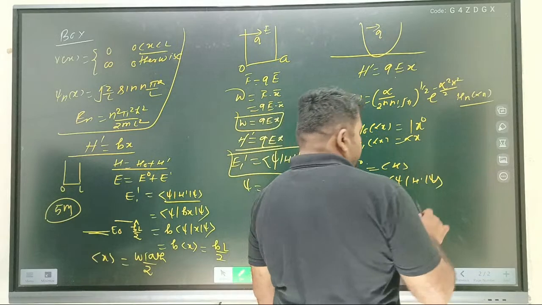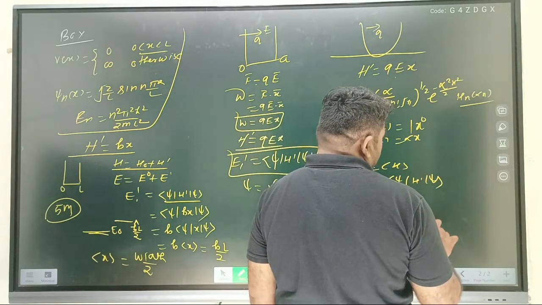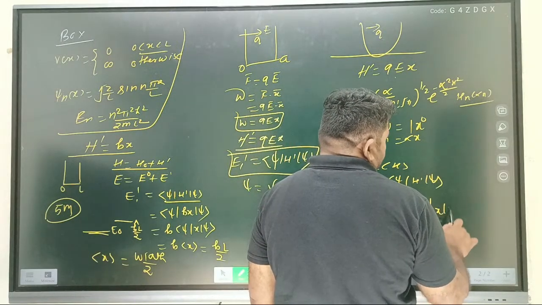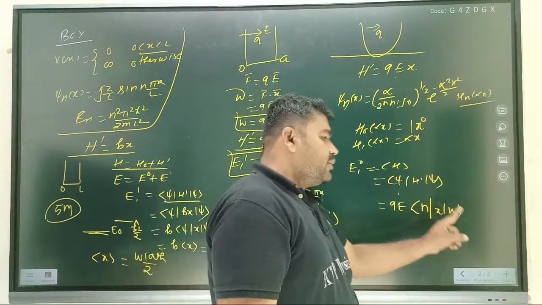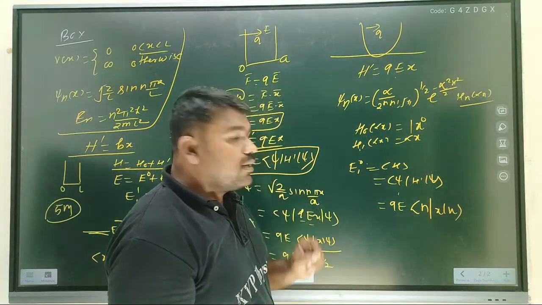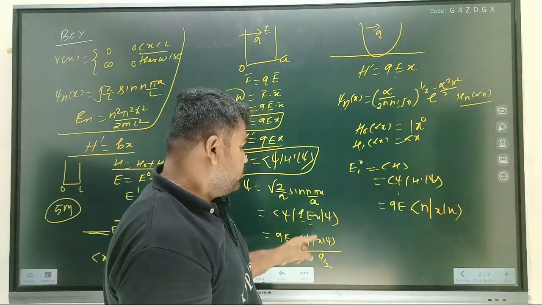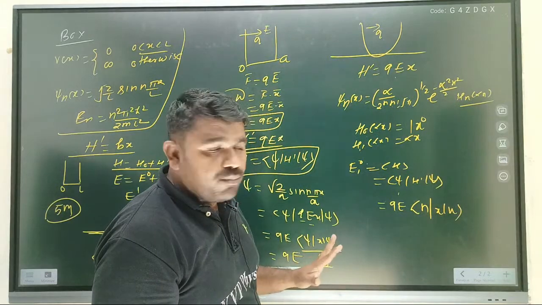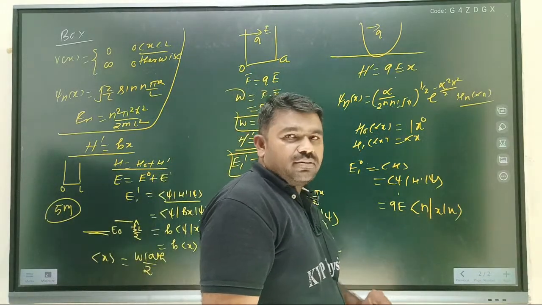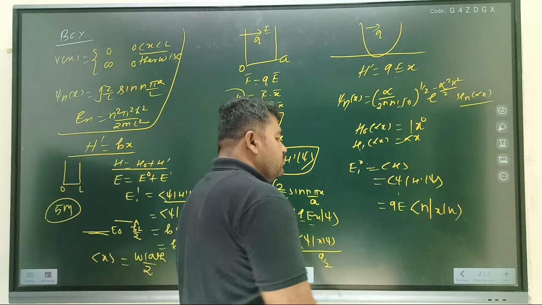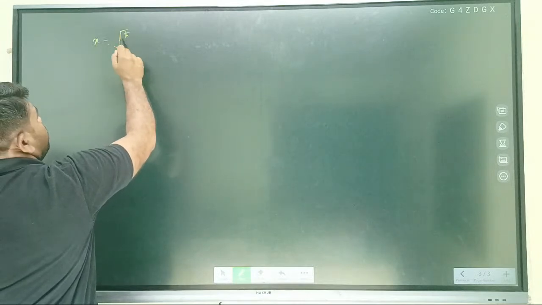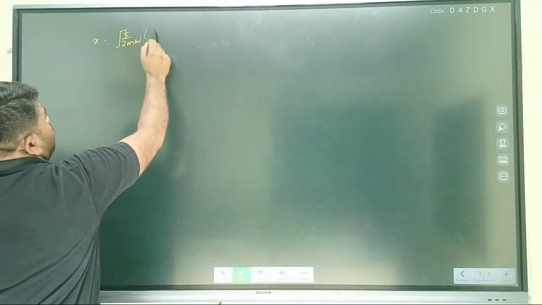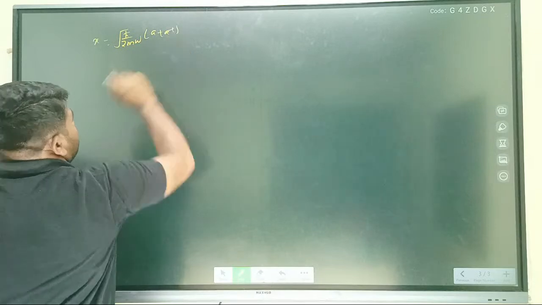Now suppose you consider this is the nth state wave function. Then <n|x|n>. Clear? But here, for x, don't take a by 2. If the system is a box, then we can take a by 2, no problem. But here the system is not a box. Here the system is LHO. Then what is the value of x? The x value is equal to root of h cross upon 2m omega, times (a plus a dagger).